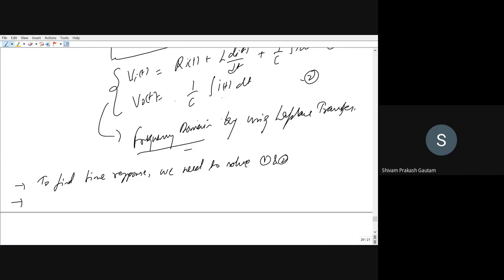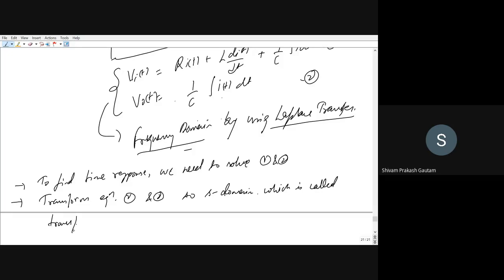So we will transform equations 1 and 2 to the S domain. Why do we say S domain? Because we are using a Laplace transform. So we are converting this time domain to the S domain. You can also call it the frequency domain, which is called transfer function modeling.